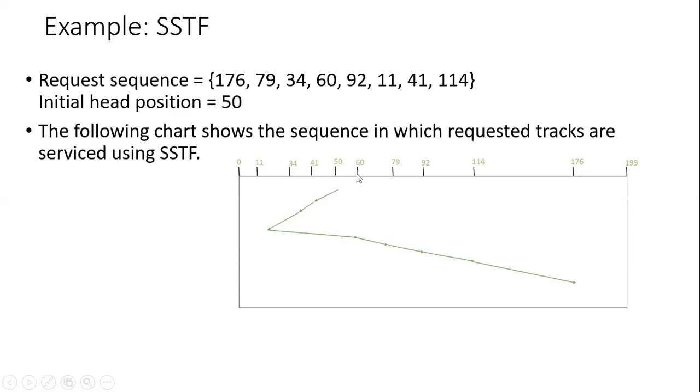Are you getting it? Your head is at 60, and you have two requests of the same distance. So which request will be processed? Both requests are at a distance of 5. 60 minus 5 is 55, and 65 minus 60 is 5.